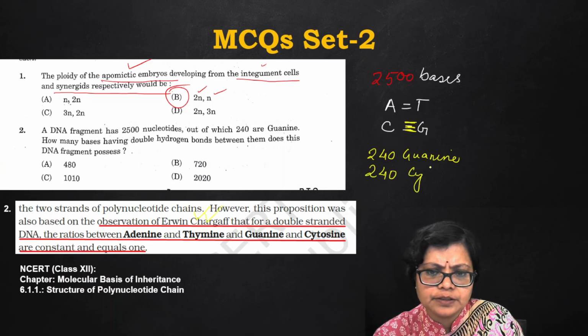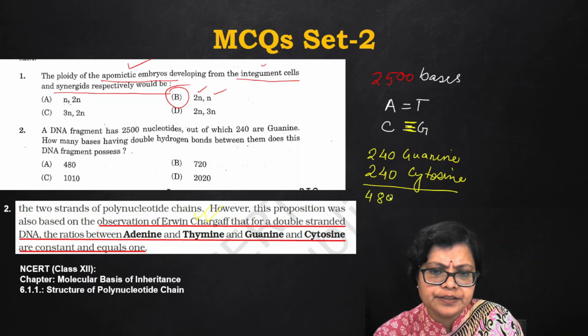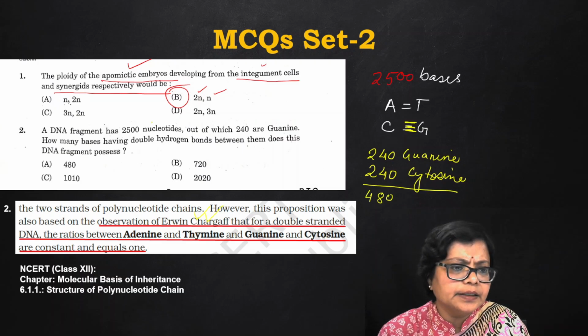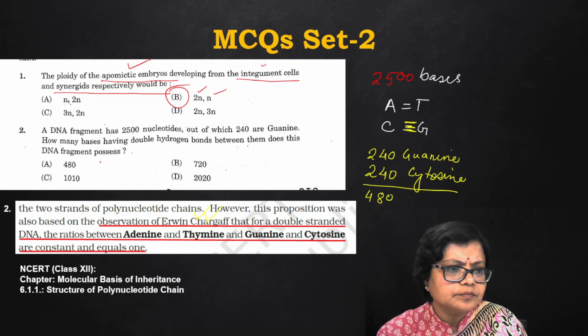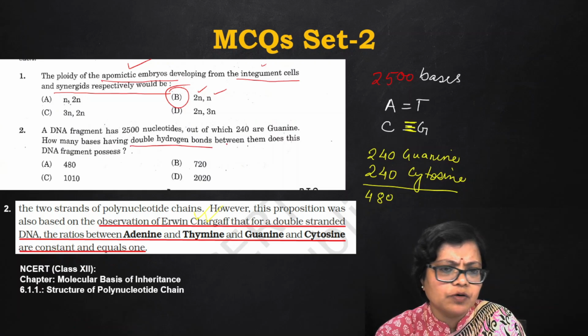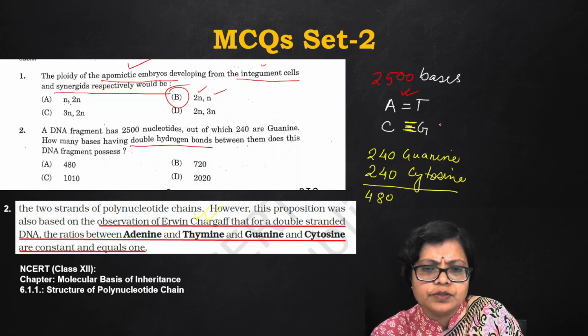So total cytosine and guanine will be 480, right? And the question asks about double hydrogen bonds, that is what we have to consider.